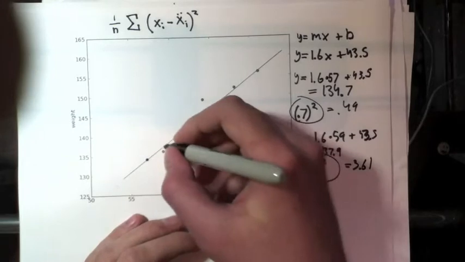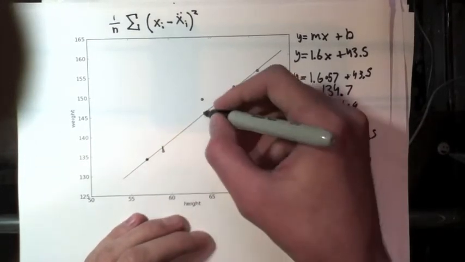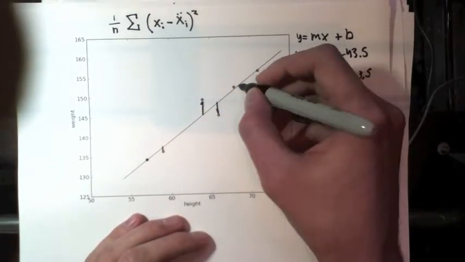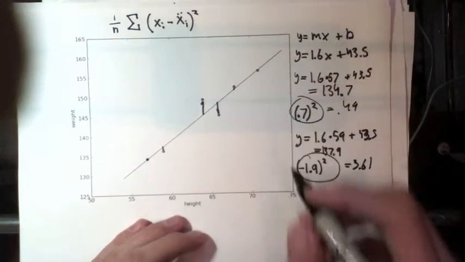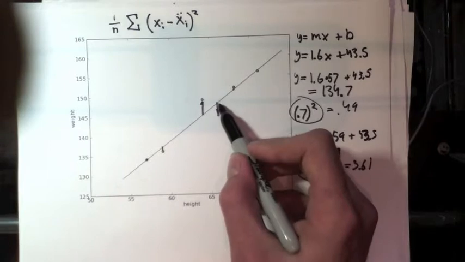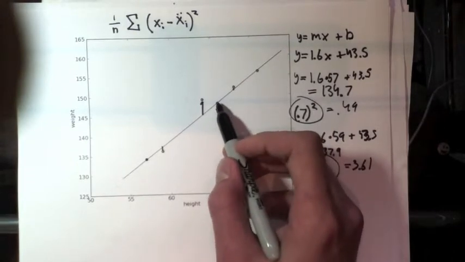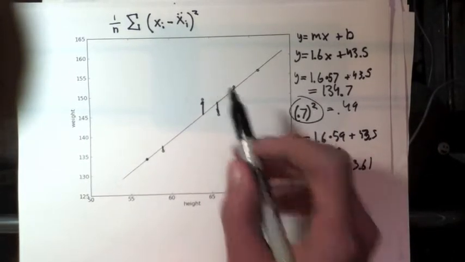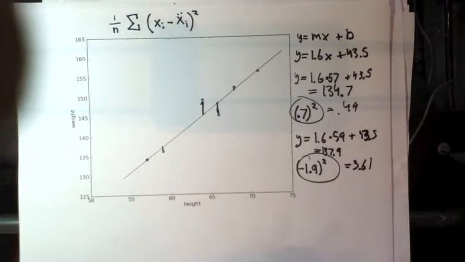So again, what we're doing is we're measuring these distances. Same data, by the way. This is the exact same data as the last graph, but see how much shorter and how much less I had to draw for the errors? Even when we square these, which makes the numbers bigger, we're still going to have a much lower number.